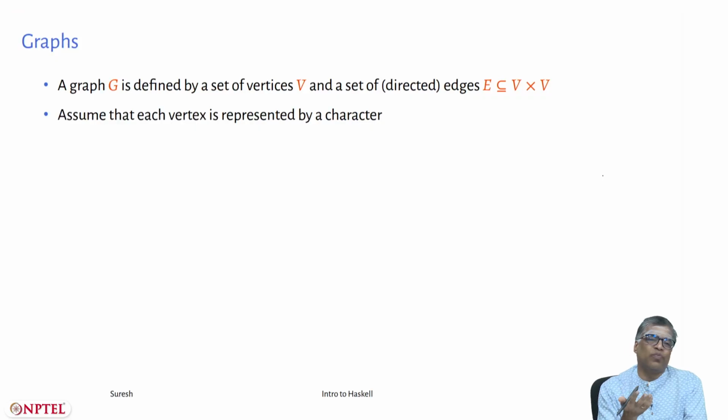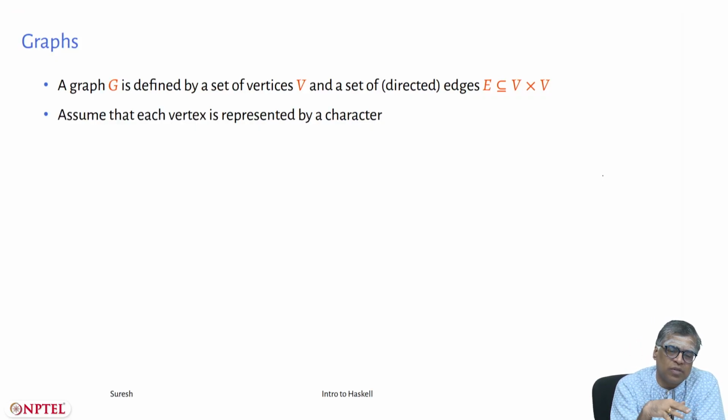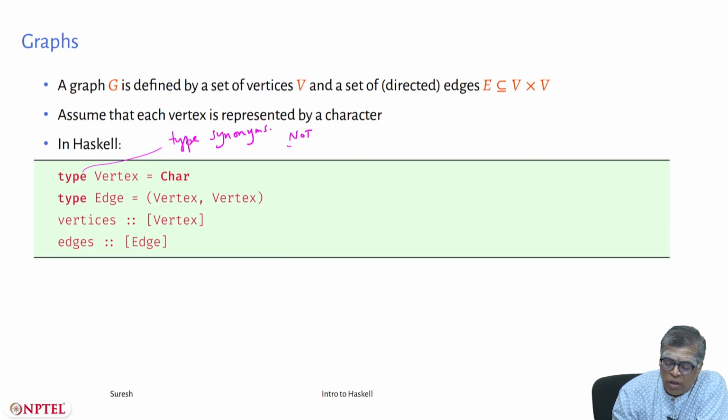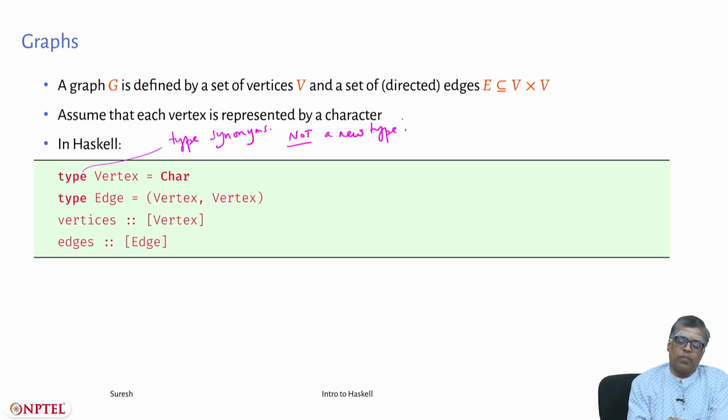For simplicity, since we are just going to look at some simple problems, assume that each vertex is represented by a character. It's limited, but it's fine just to illustrate some examples. So in Haskell, you would render it by saying type vertex equal to char. Recall that type defines type synonyms, not a new type. So vertex is another name for char, at least as far as this program is concerned.